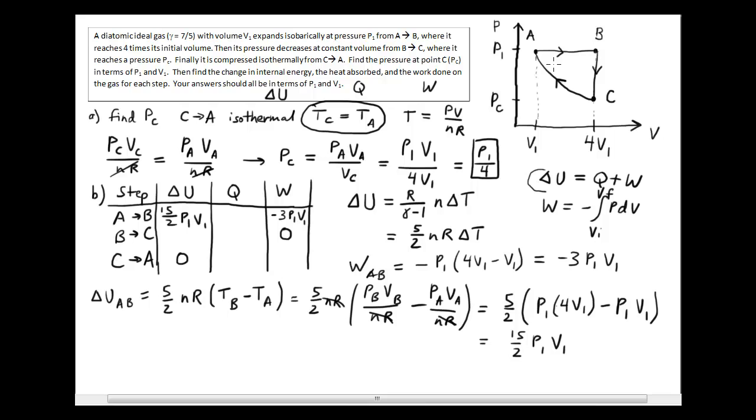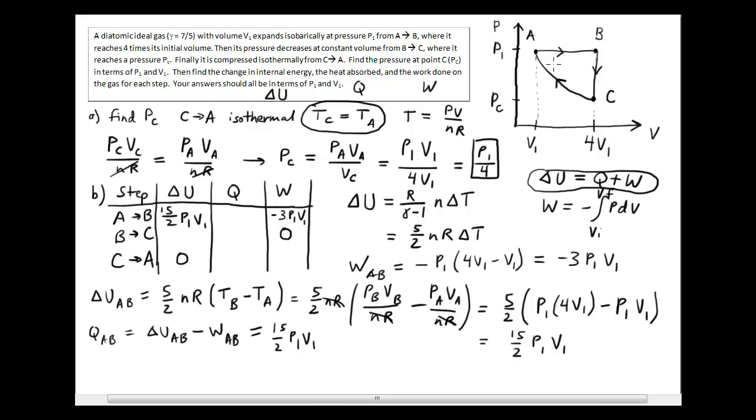So let me go over here and highlight that again. In this case, now I know delta U and I know W, so I'll solve for Q. So QAB, from the first law, solving for Q, is delta UAB minus WAB. Delta UAB is the 15/2 P1 V1.